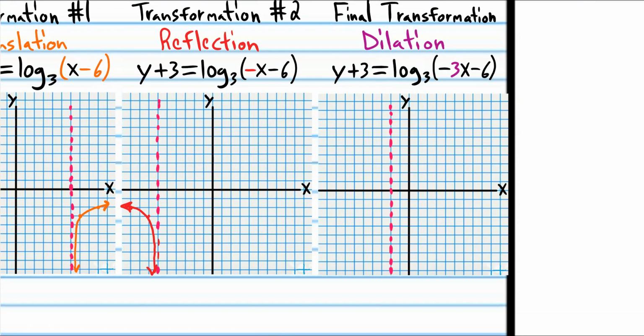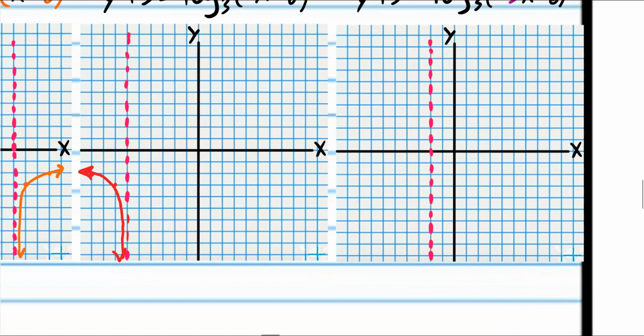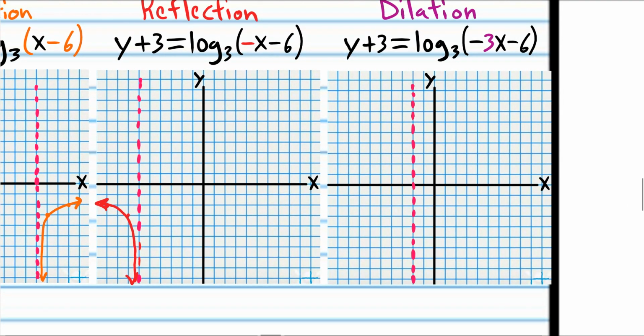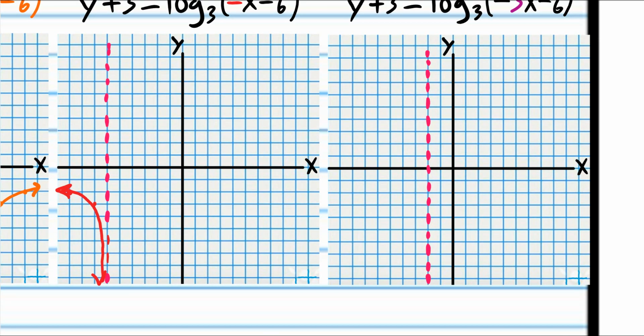And now you want to take all the x values of the points on that graph, divide by 3. So the x value of this point over here is 7. So divide by 3, we get 2 1/3. So that point is going to be about there. I went too far down though.